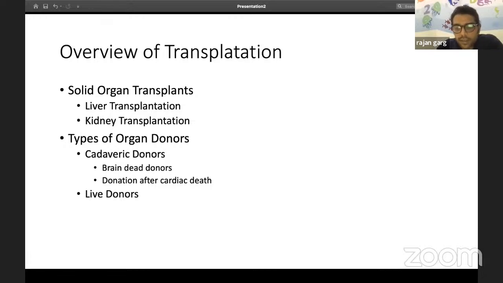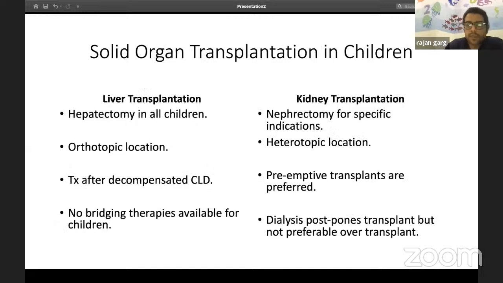There are a few surgeons who do it laparoscopically as well, but open is the traditional one. Both are safe. So again, a brief overview of how liver transplant and kidney transplant work, just to give a comparison for those who are new to this topic of solid organ transplantation.